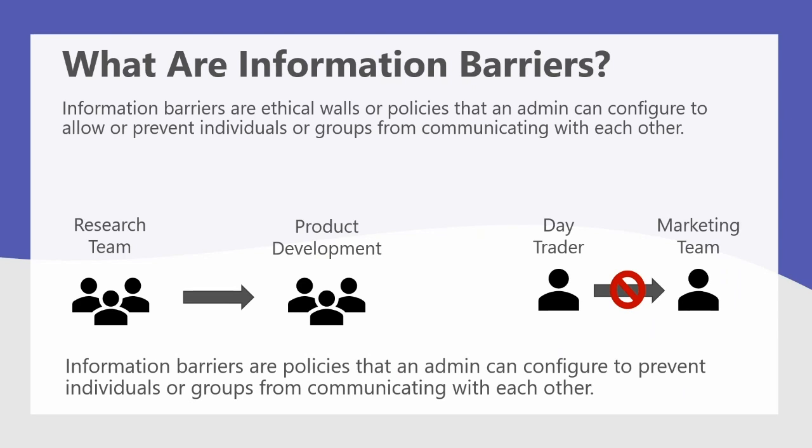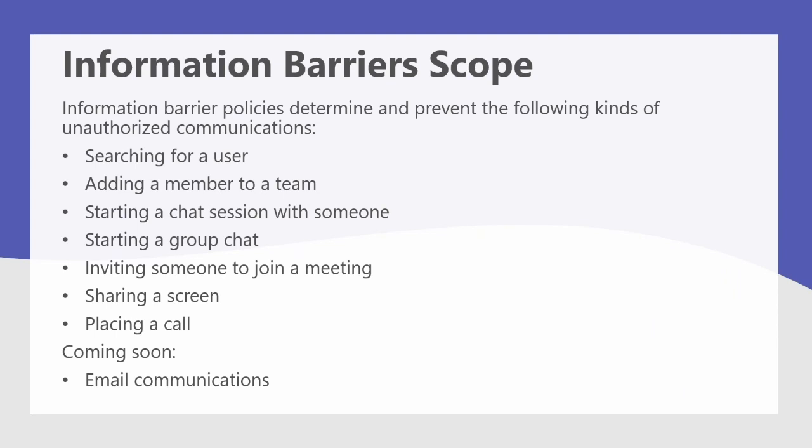You could say the day traders are never allowed to talk to the marketing team, and they wouldn't want to talk to the hedge fund managers either. But basically, you're trying to prevent insider trading. So we'll show you in a second how you can configure these policies. But first, a little more information.